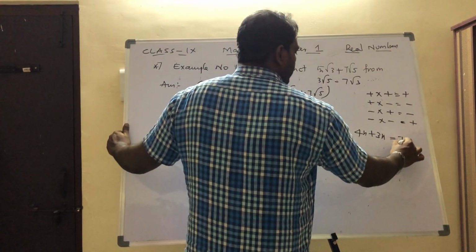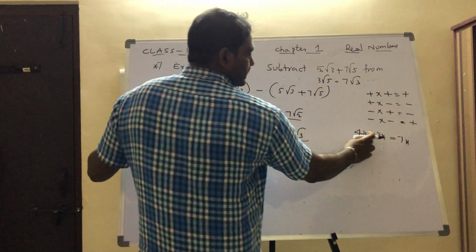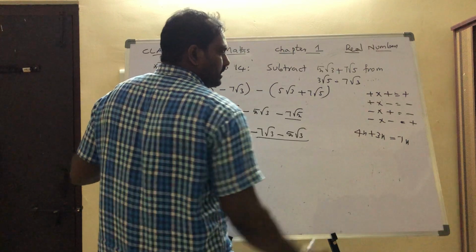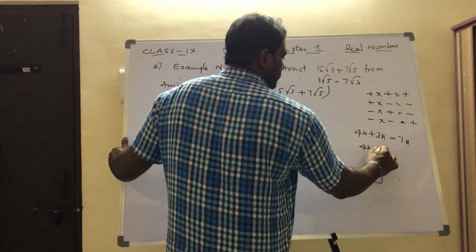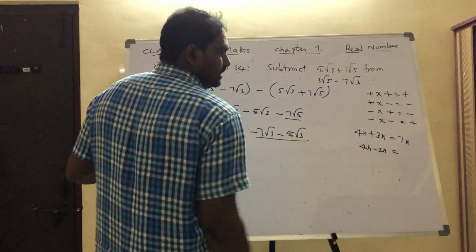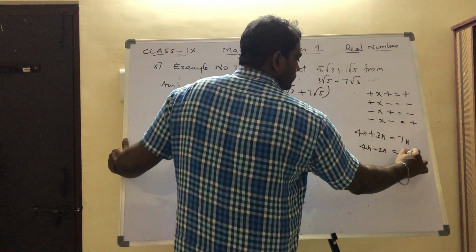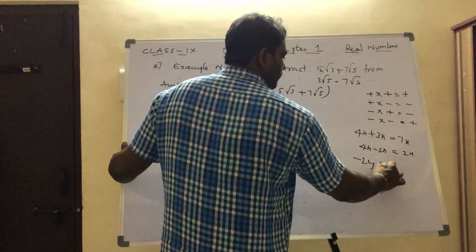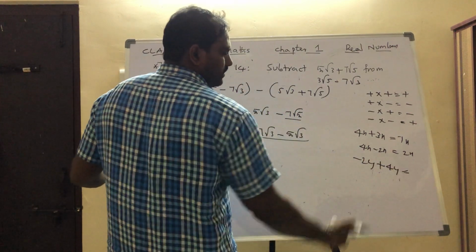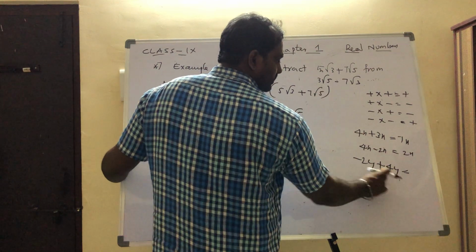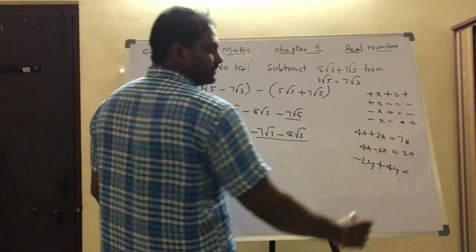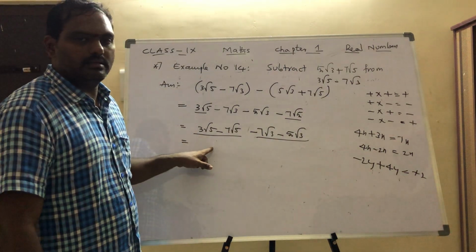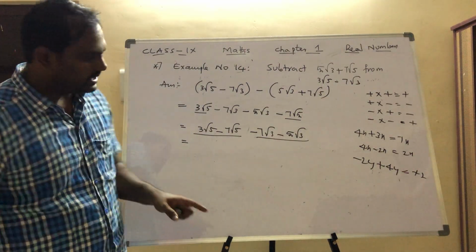Yes, it is 7x, because x and x are the same. When they are the same, we add. Next, 4x minus 2x: x and x are the same, 4 minus 2, 2x, yes or no? Next, minus 2y plus 4y: y and y are the same, so minus 2 plus 4 is plus 2. Similarly, 3 root 5 minus 7 root 5, you know what answer we have to check?